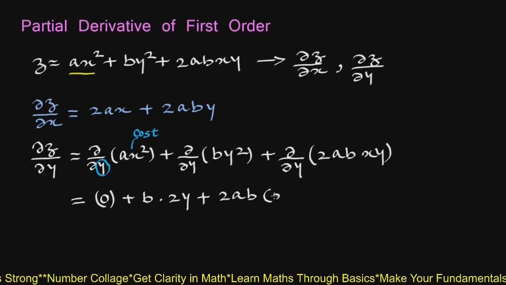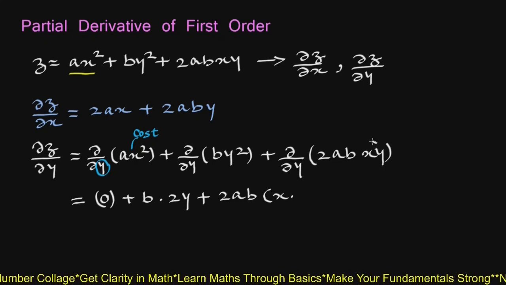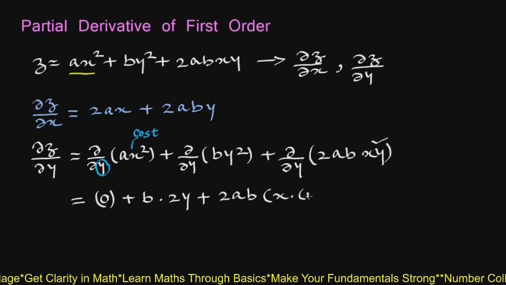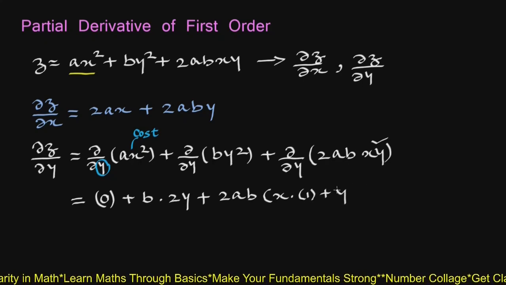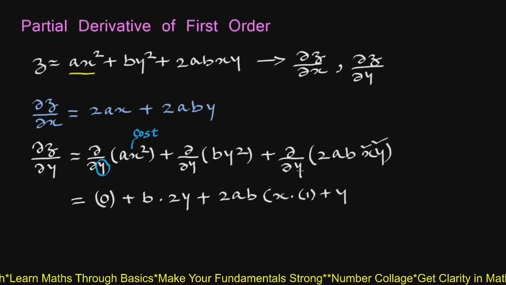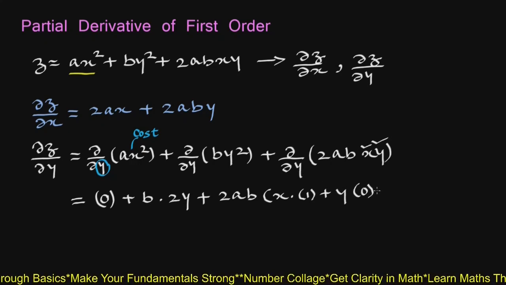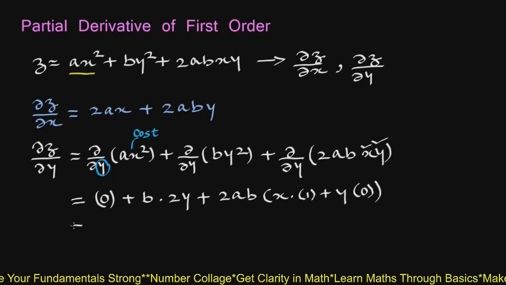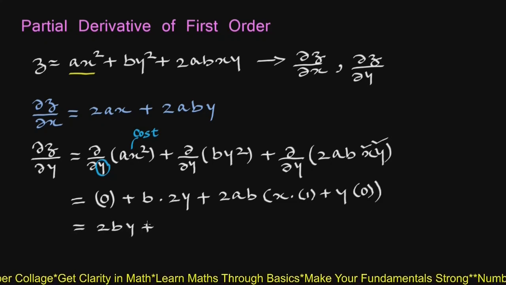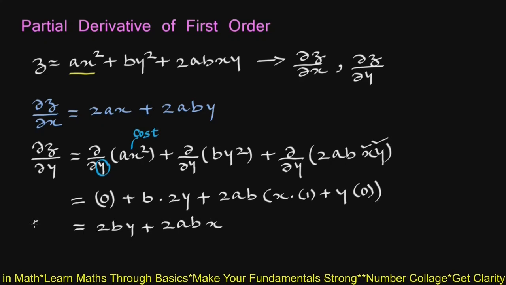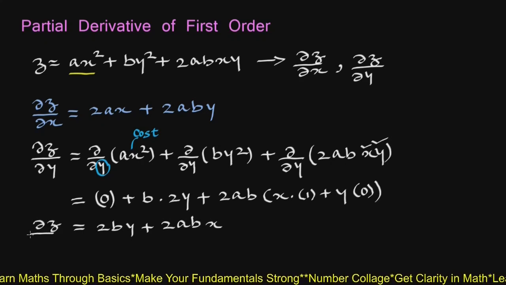So first function x into the derivative of y with respect to y is 1, plus y into the derivative of x with respect to y will be 0, because here x is to be treated as constant. So this is 2by plus 2abx. So this is ∂z/∂y.